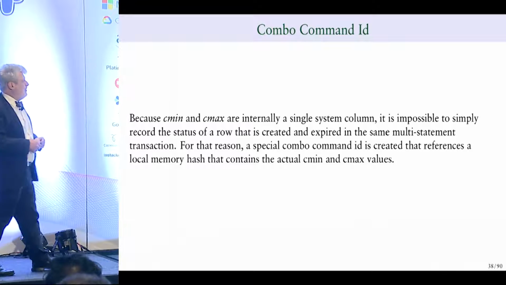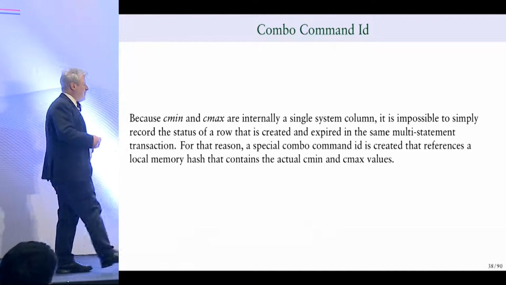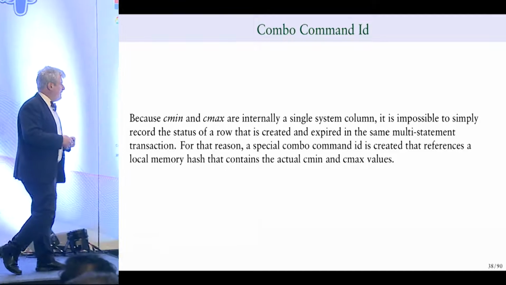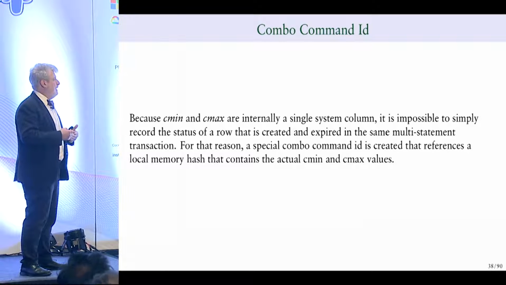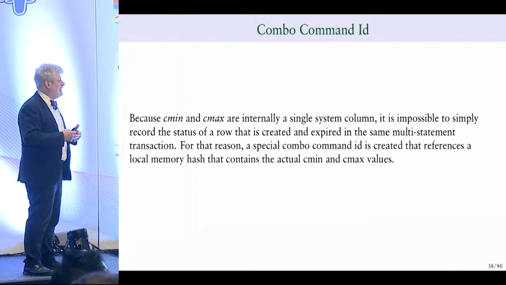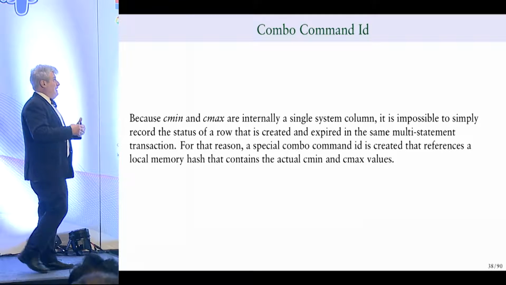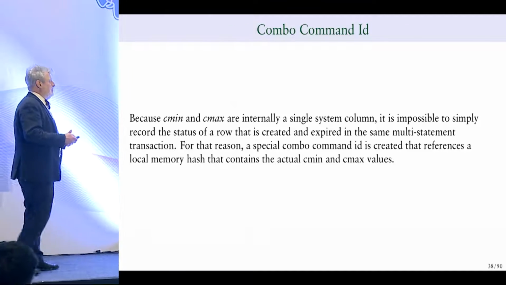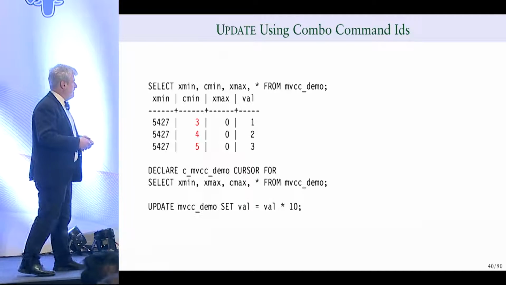There's something called combo command ID. I'm not going to go into it. I don't think I have sufficient time if we want to talk about cleanup, but it effectively is an ability to internally combine if you create and delete a row in the same transaction block. In multiple statements, we have a special something called a combo command ID that allows us to do this.